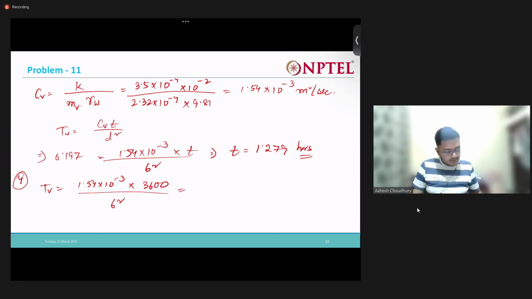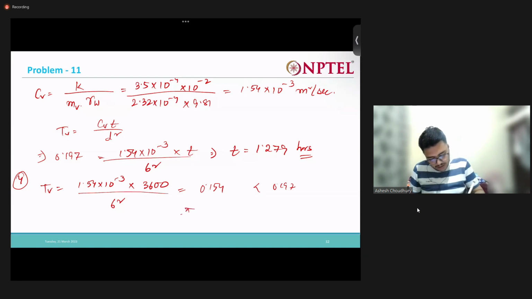So Tv is 1.54 into 10 to the power minus 3 into 3600 by 36, so 0.154. It is less than 0.197, so less than 50%, obviously. So pi by 4 into U square is equal to 0.154. So find out U from here.